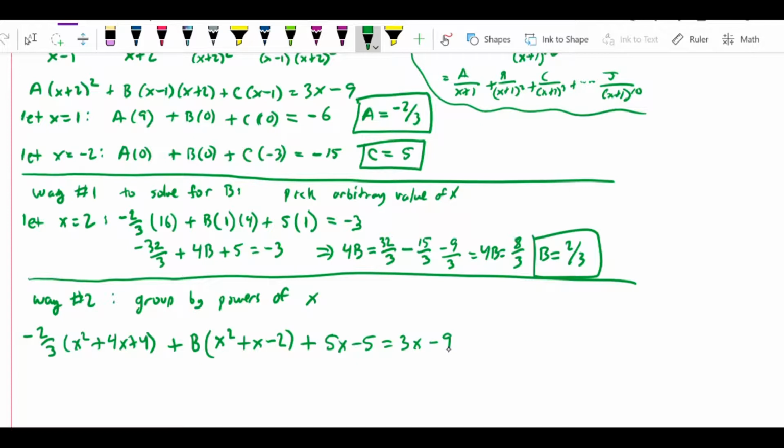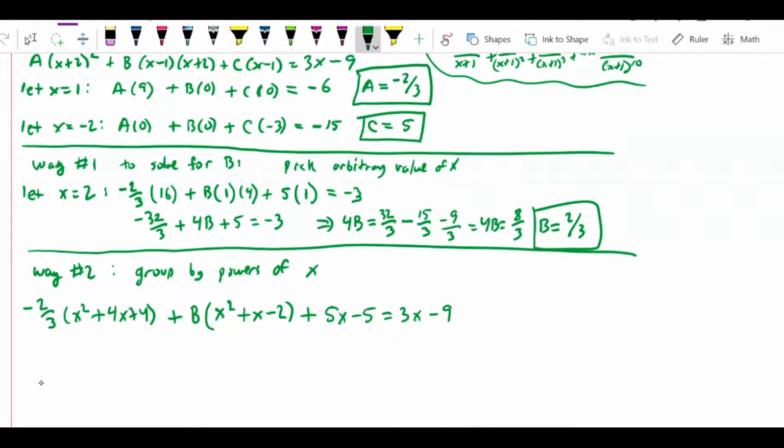So what I want to do is group all the x squareds, x's, and constants together. First, let's look at what we have for x squared. I have x squared there and there, so that's going to have a coefficient of negative 2/3 plus b. And now let's do the x's.